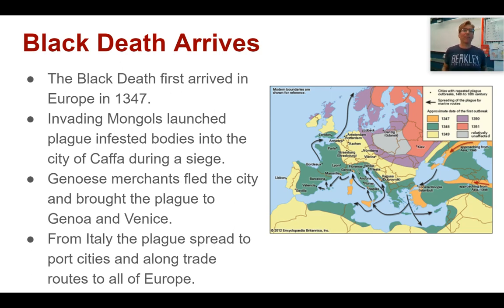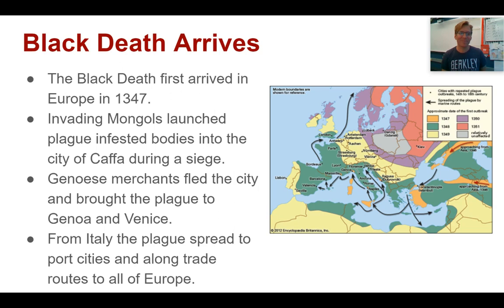So the Black Death, it shows up in Europe in 1347, and it shows up in a particularly nasty way. An invading Mongol army was facing the city of Kaffa. Kaffa was resisting them, and the Mongols decided they were going to destroy the city for this resistance. They decided to destroy it by catapulting the bodies of plague-infected victims into the city.